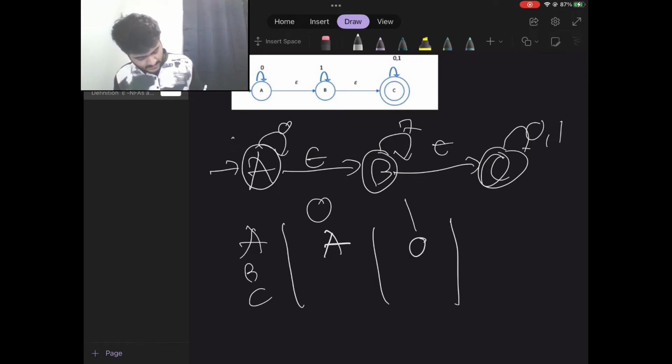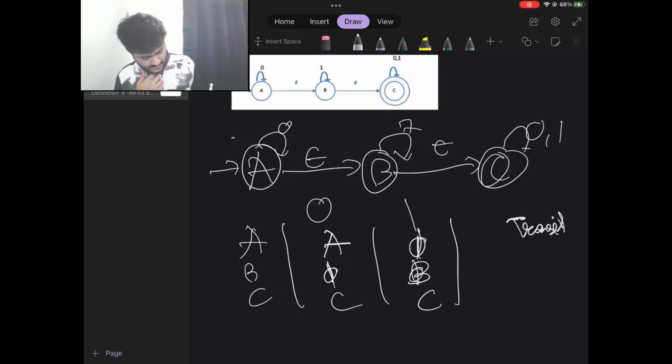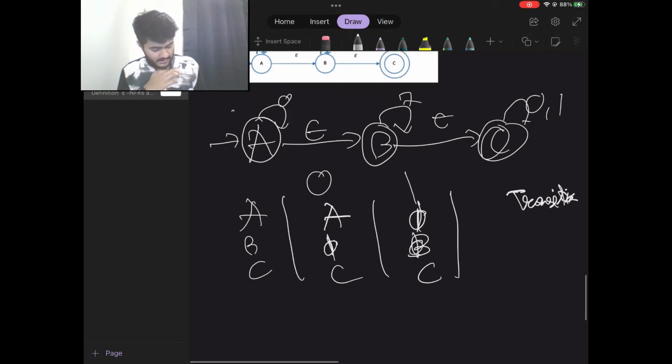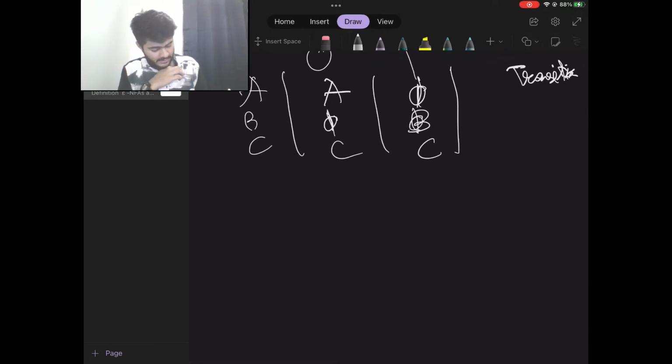If we take A with 0, it will lead us to A only. If we take A with 1, it will lead us nowhere, which is phi. B for 0 will lead us nowhere. B for 1 will lead us to B, phi, C, C. That's the transition function table for this NFA.